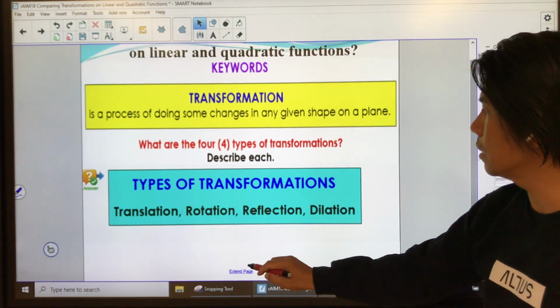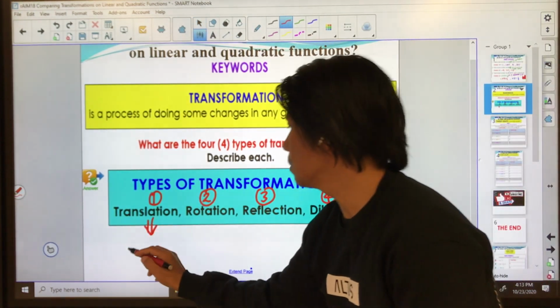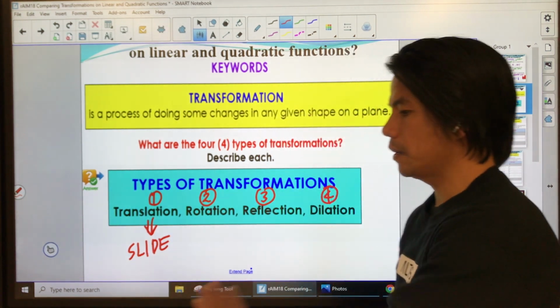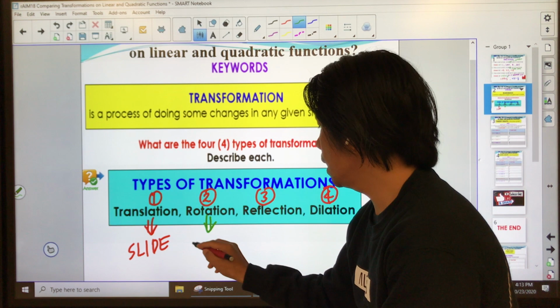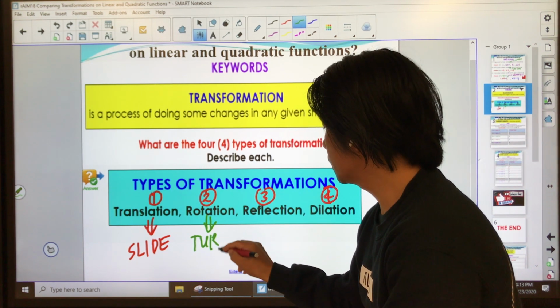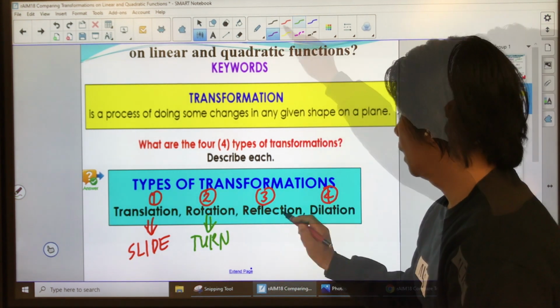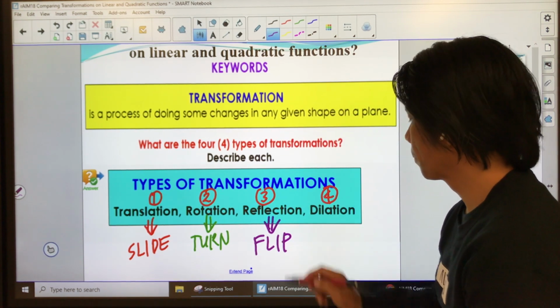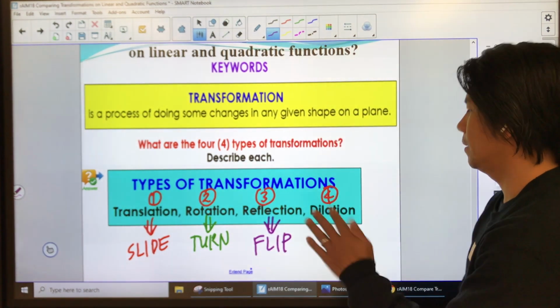So we have 4. Translation means you slide a figure. When you rotate, you turn the picture or the shape. How about reflection? You flip the shape, all right?